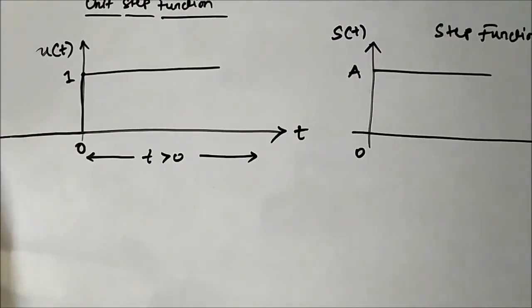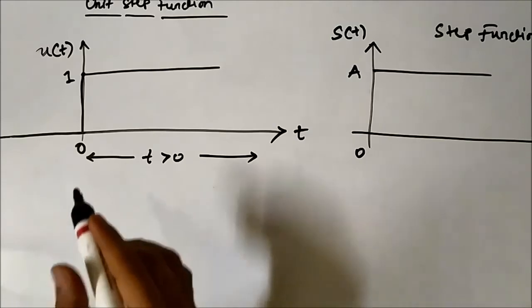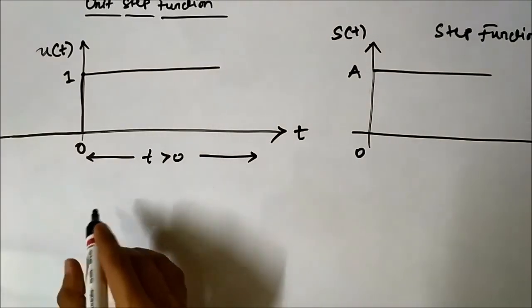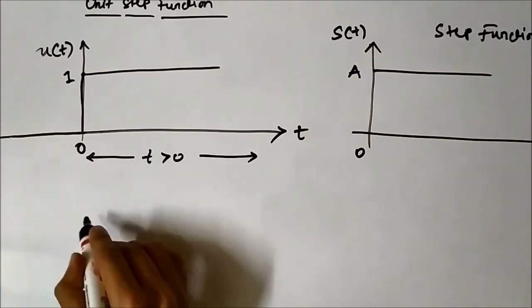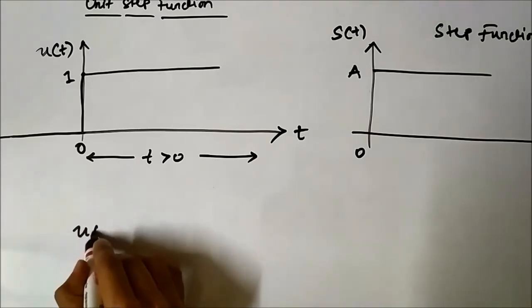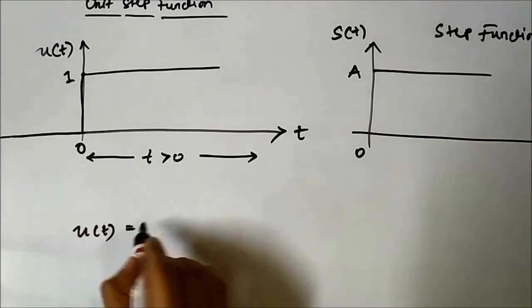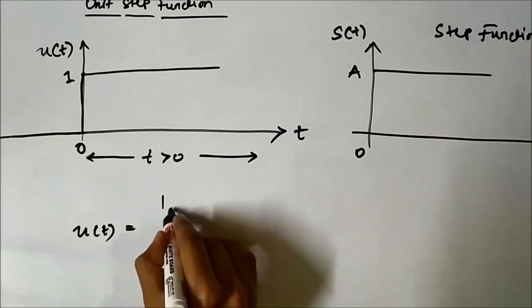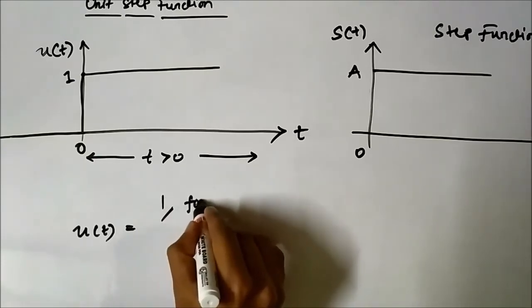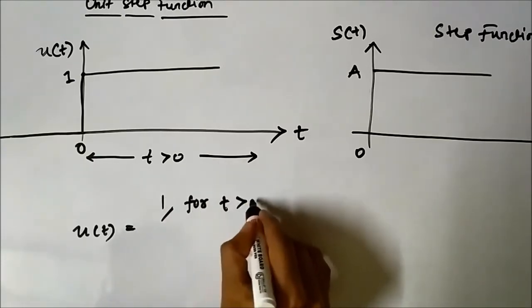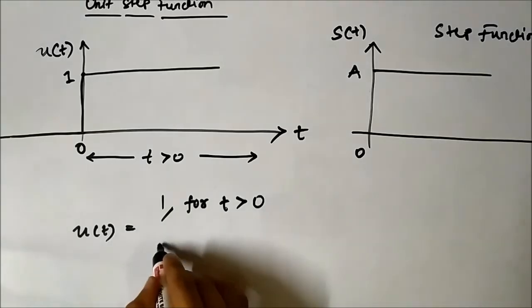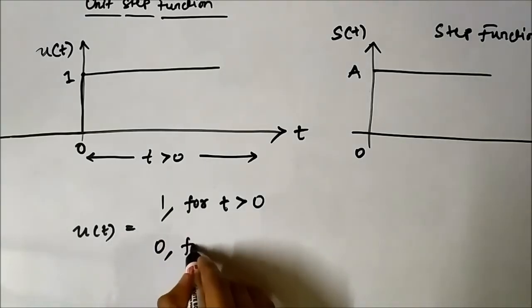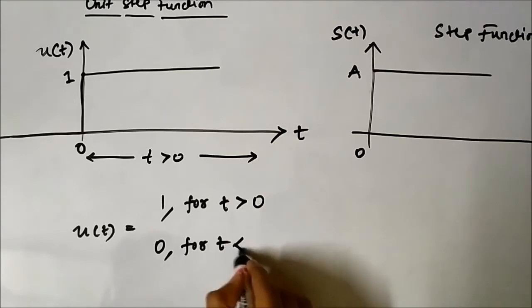Now how to represent it? The functional representation of the unit step function is u(t) equal to 1 for t greater than 0 and 0 for t less than 0.